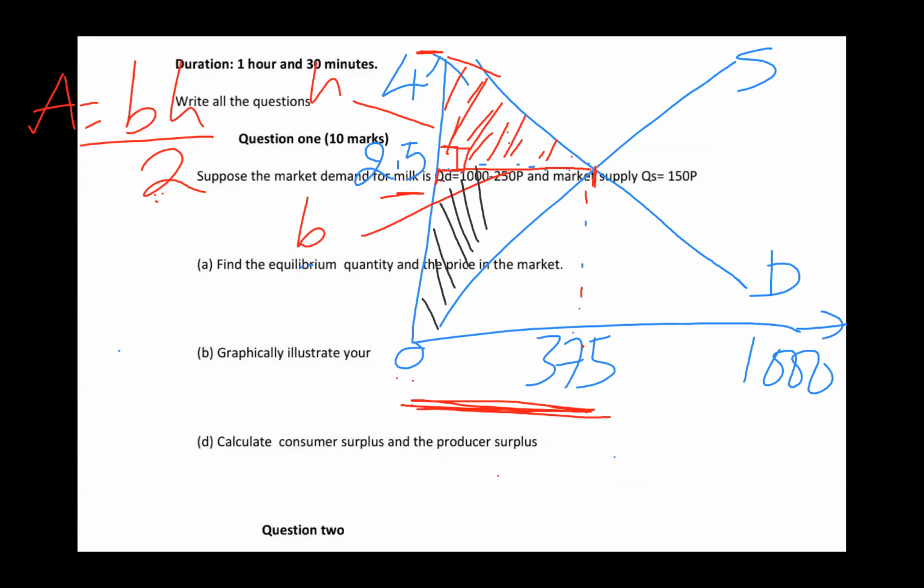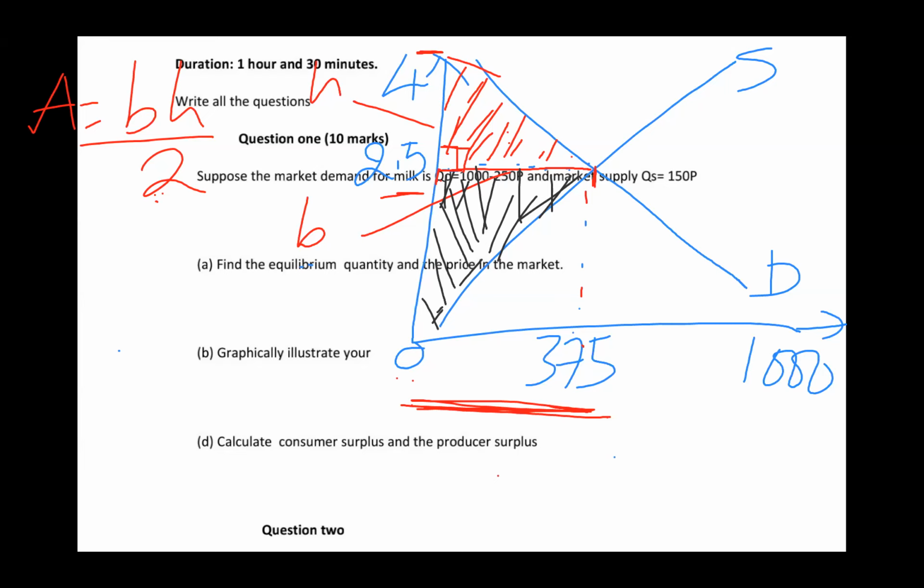I'm assuming you're able to see the area I'm shading. The area below the equilibrium price, above the supply curve, and marked by the vertical axis. Is that clear?